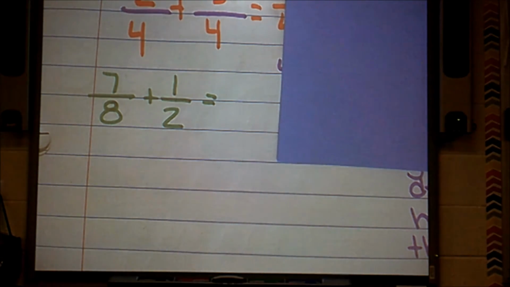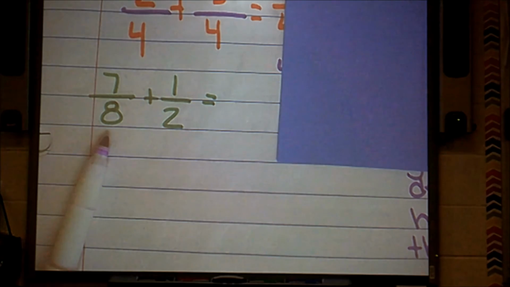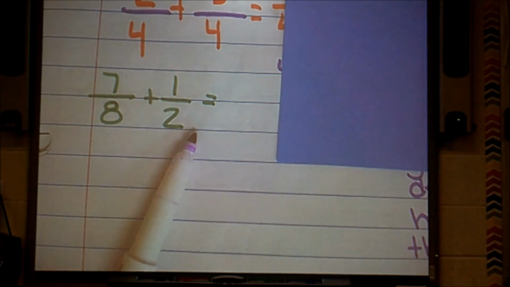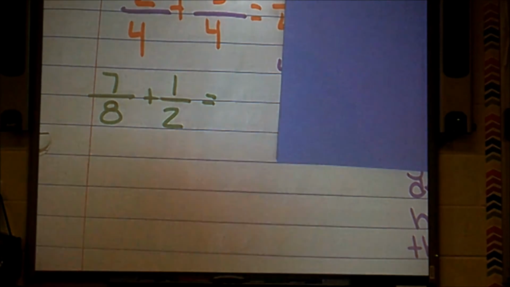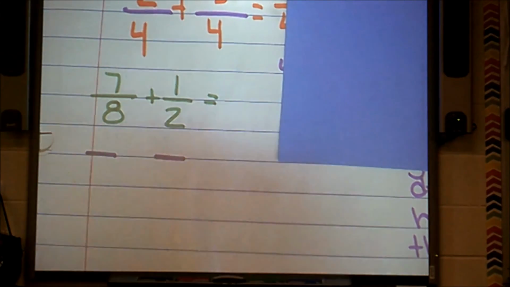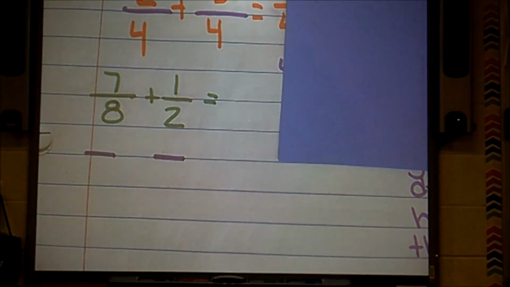And I ask myself, if I count by 8s and I count by 2s, what number are they going to have in common? 2, 4, 6, 8. I can count by 2s and hit 8, and obviously I can count by 8s and hit 8. It sounds like my common denominator is going to be 8.